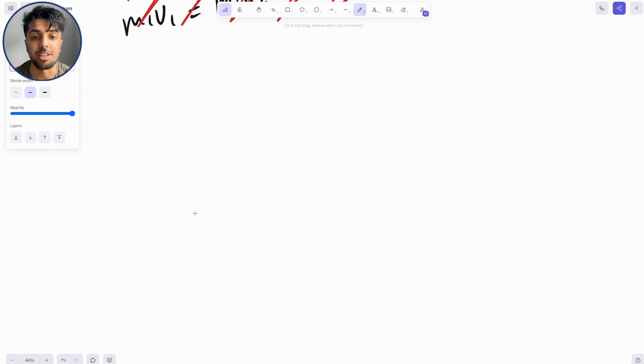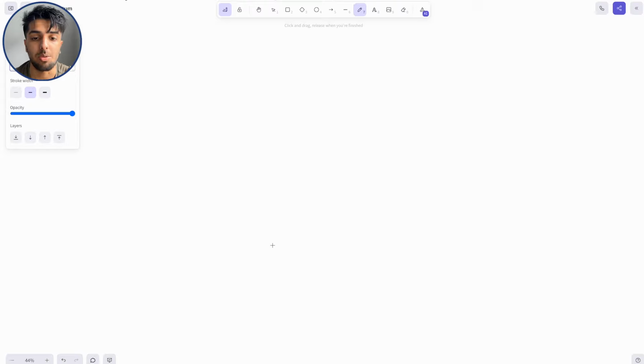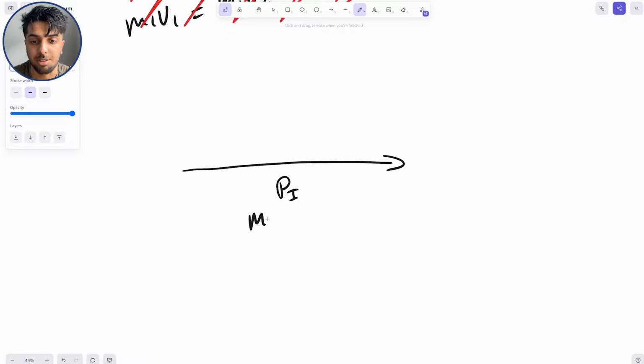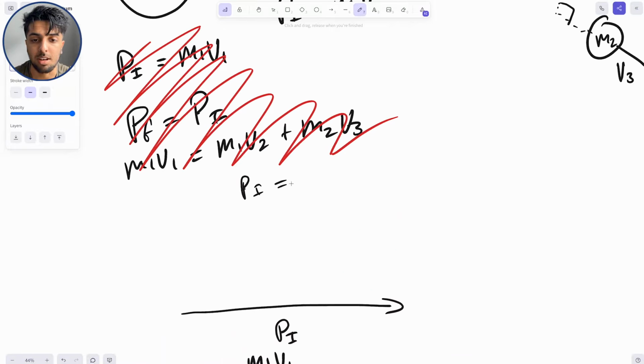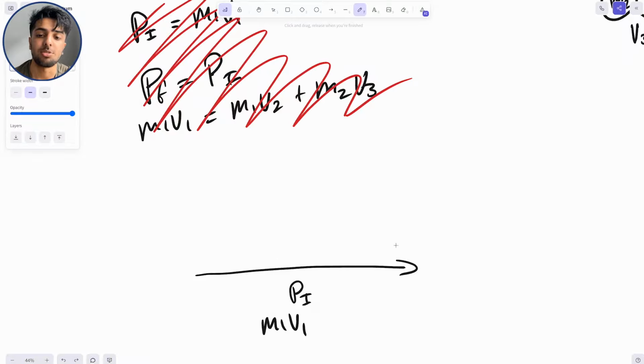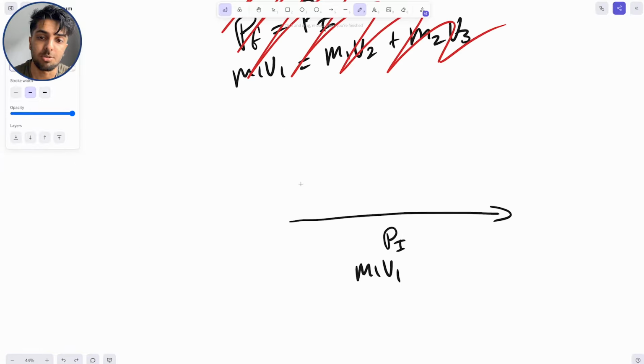So instead, we need to create a vector triangle. So we will have our initial vector. This is our pi, and that can be written as m1 v1 because that's what we calculated over here. And as our pi is equal to pf, we know that our final momentum has to close this vector. We have our momentum of m1 going up this way, and we can draw that right there.